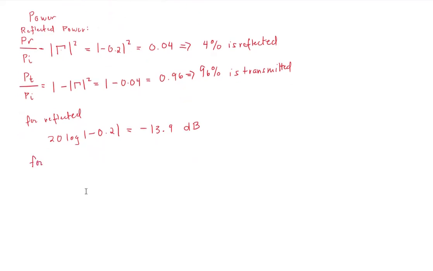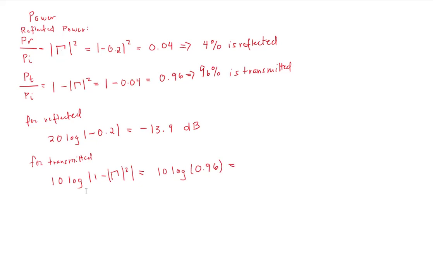Now for transmitted, it's going to be 10 log of 1 minus gamma squared, that is 10 log of 0.96.